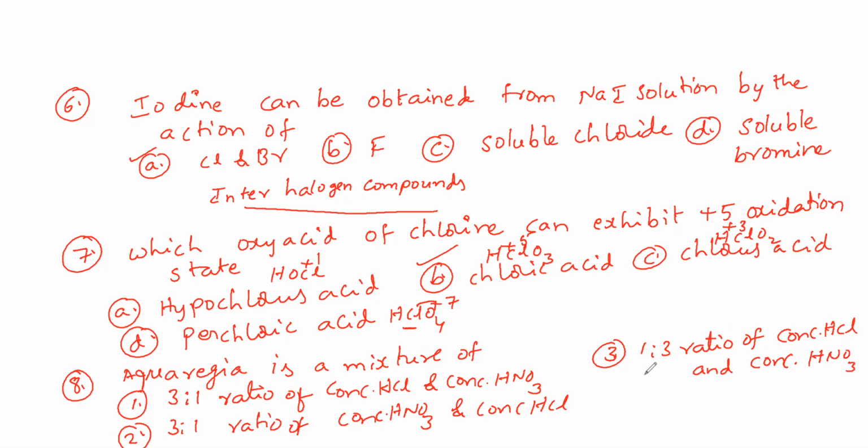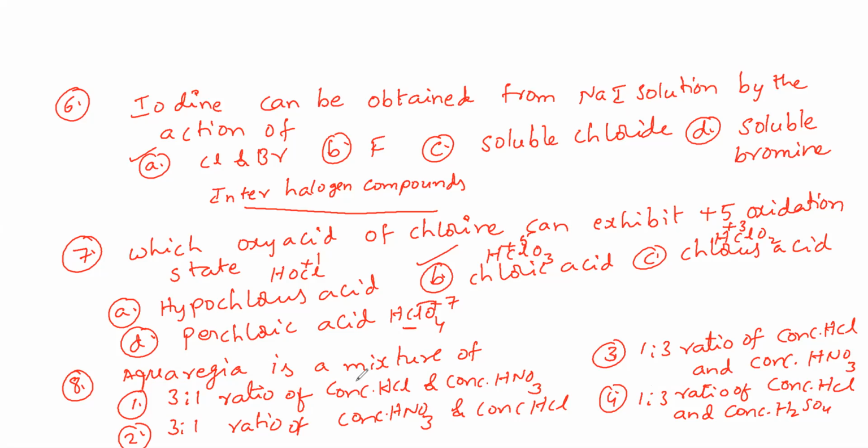Fourth option, again a 1:3 ratio of concentrated HCl and concentrated H2SO4. Here they changed the acid. So all these four options they have given, and you have to choose the right one. What is the answer you could expect? You can just remember it is a 3:1 ratio of concentrated HCl and concentrated nitric acid.